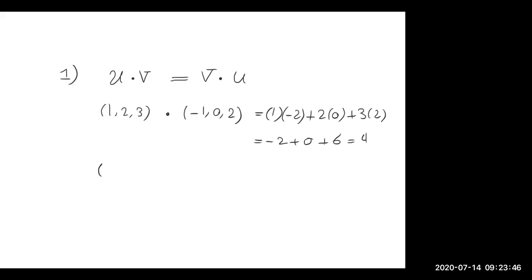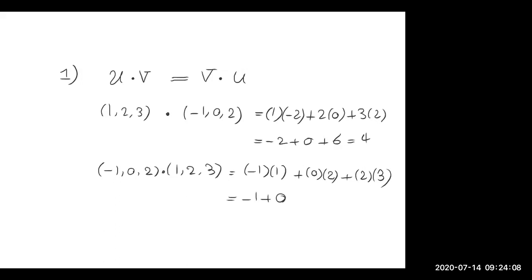Now, if I want to compute the inner product the other way, minus 1, 0, 2 times 1, 2, 3, I would get the same thing, because it would be minus 1 times 1 plus 0 times 2 plus 2 times 3. Sorry, I made a typo somewhere.